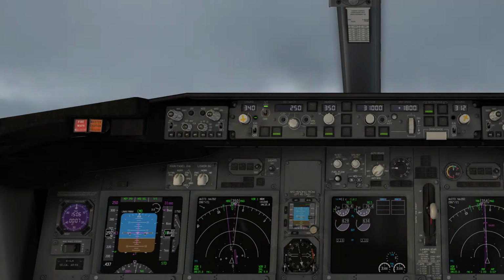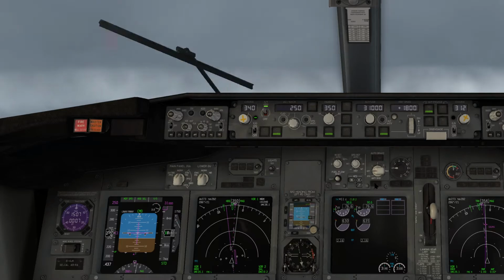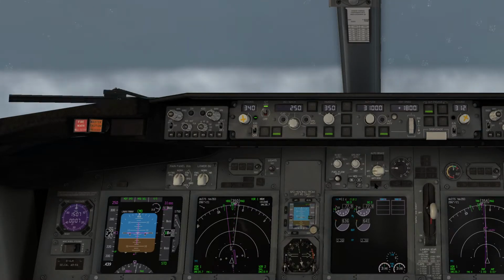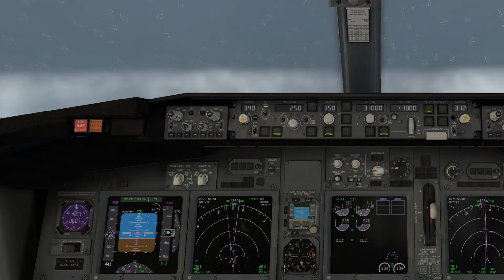So far so good. Auto brakes can come off. Passing 8,000, flight level 80. Five miles to go on this heading.